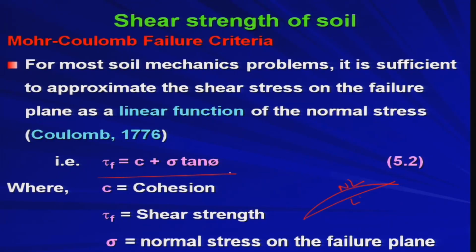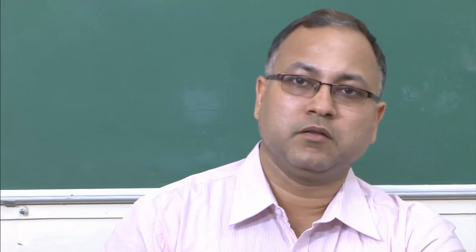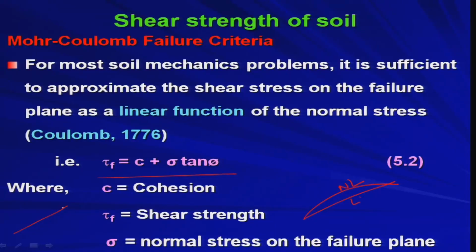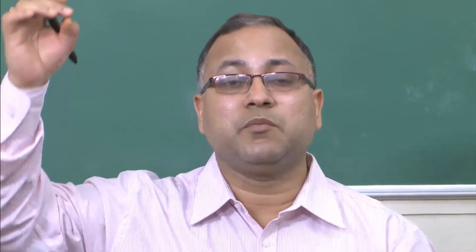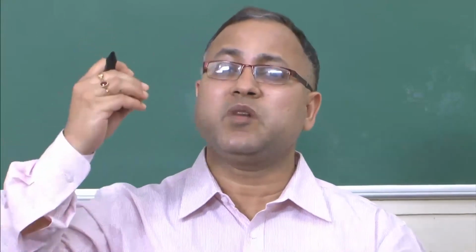Suppose you have some failure plane and you want to find the shear strength along that plane. When I am talking about failure, only then will you talk about shear strength. Otherwise, along any plane you consider, some shear stress is acting, but when that shear stress reaches the maximum limit, failure will happen, and that plane will be identified as the failure plane, and whatever shear stress is acting along that plane is nothing but the shear strength, the maximum limit of the soil.